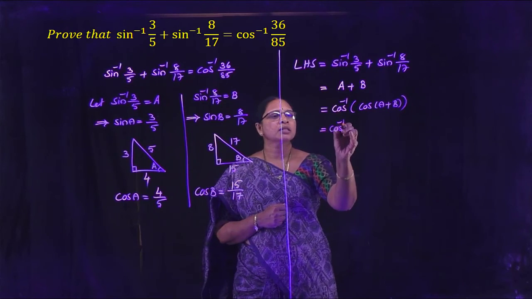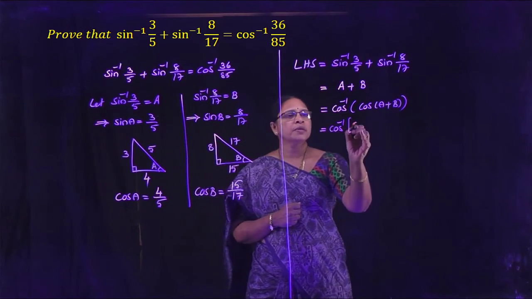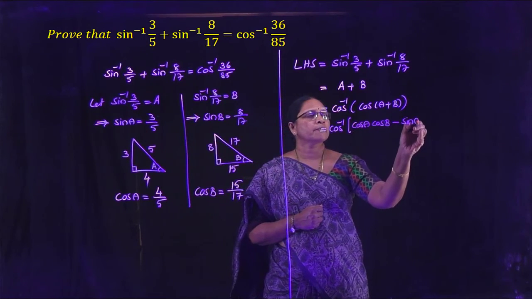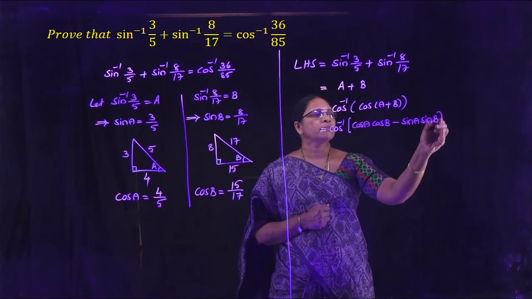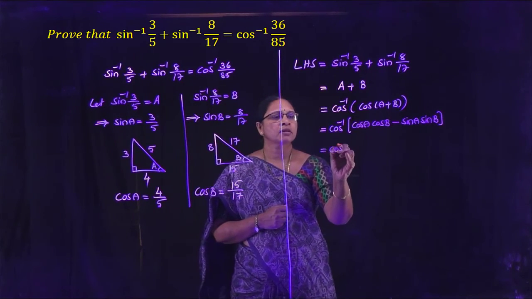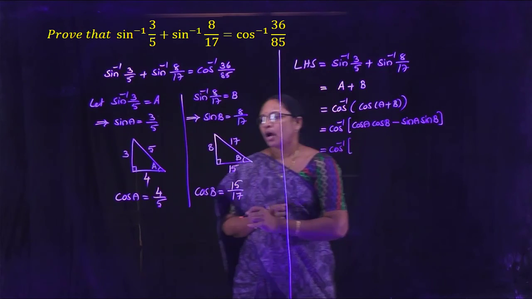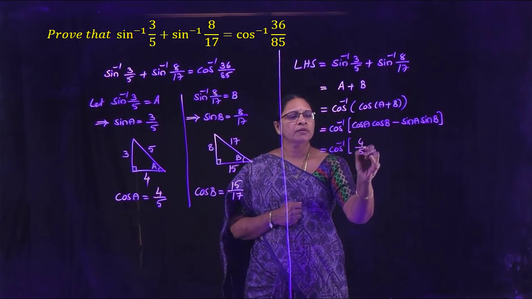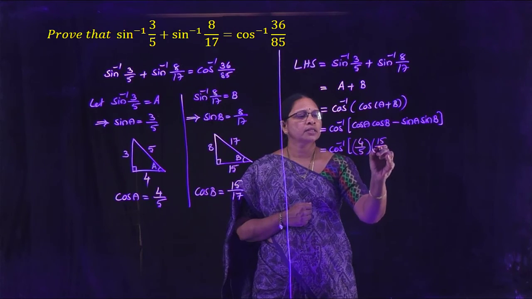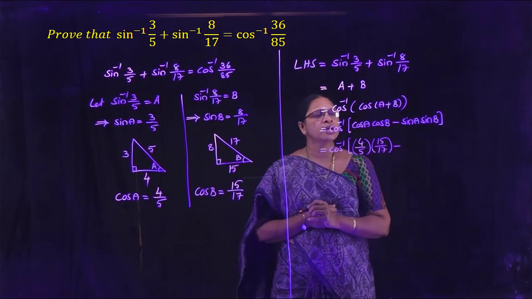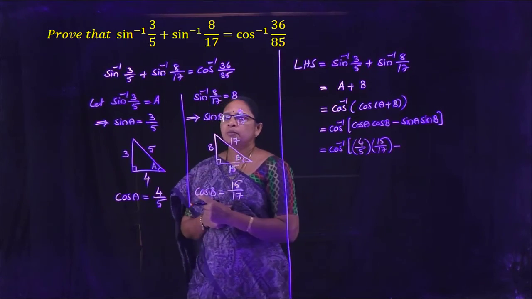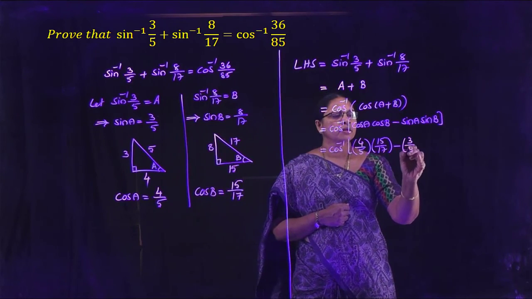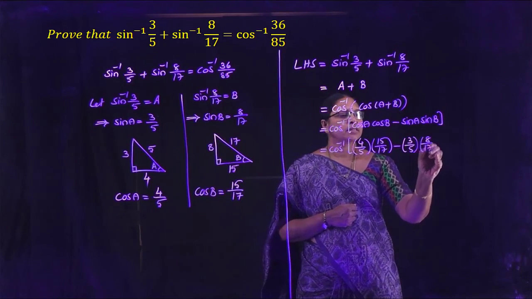That equals cos inverse of cos A plus B, which is cos A cos B minus sin A sin B. That equals cos inverse of, we know cos A is 4 by 5, cos B is 15 by 17, 4 by 5 into 15 by 17 minus sin A sin B. Sin A is 3 by 5 and sin B is 8 by 17, 3 by 5 into 8 by 17.